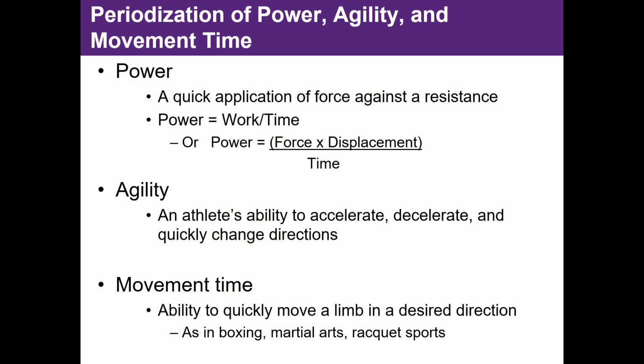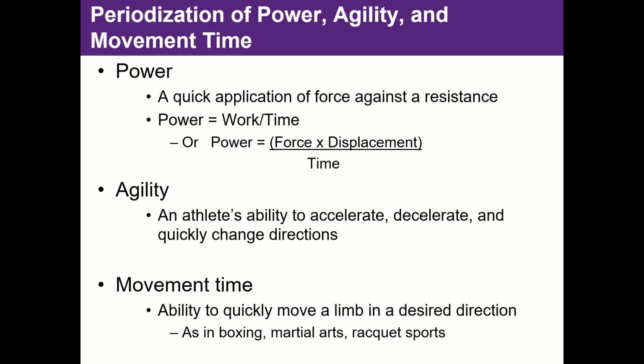With agility, one of the things I want to highlight is that agility is dependent upon the athlete's strength. Let's say an athlete who is stronger can squat twice their body weight.